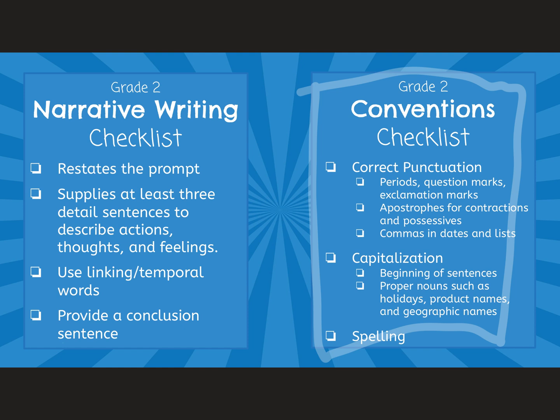But since those are things that we should have been working on all week, making sure we do them each day, then we really are focusing on our conventions. So correct punctuation, and we have specifics on different kinds of punctuation, and then capitalization, and then remember the beginning letter of every sentence, and then all proper nouns such as holidays, product names, people's names, geographic names, names of places, right?